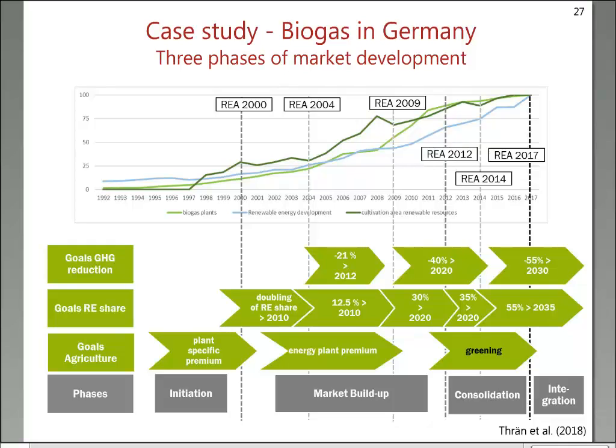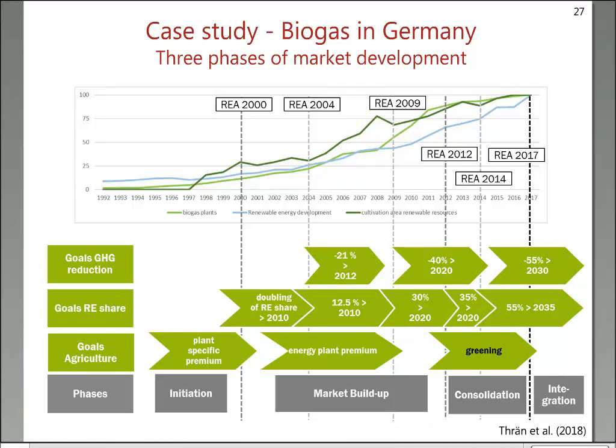An example of this is a study of biogas in Germany, where Daniela Trenn and her colleagues identified 3 phases of market development: initiation, market buildup, and consolidation phases, and also looked at how governance developed through these phases, how the Renewable Energy Act helped.